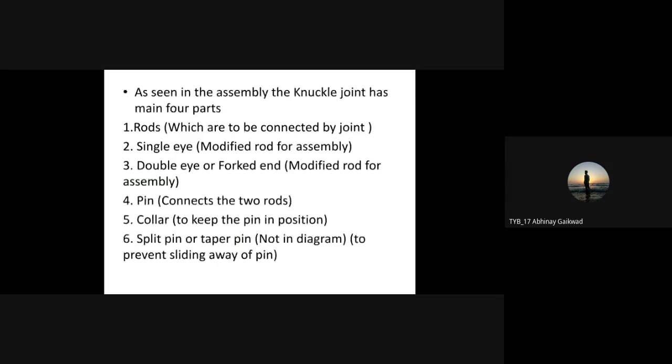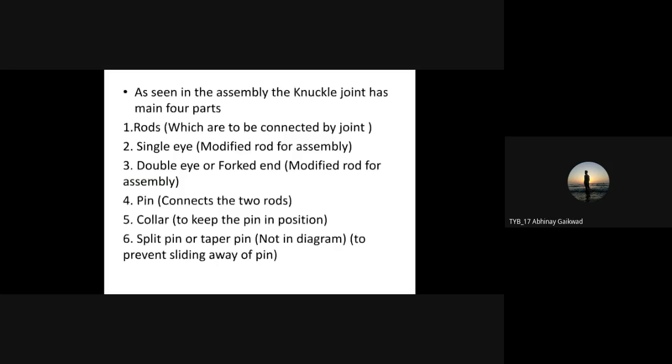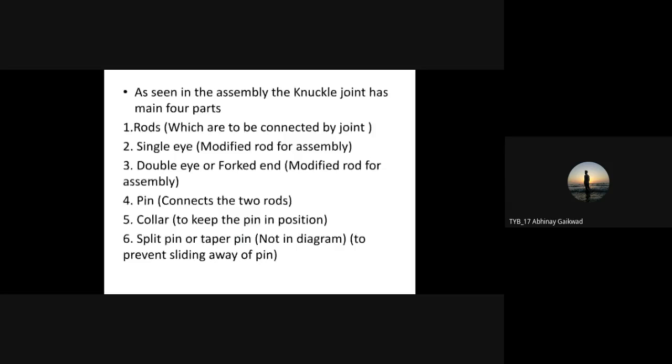And the double eye section, which is also the fork, where two eyes are provided and two eyes are made as a fork at one end of that rod. So it is an integrated part of that rod only, that fork as well as the single eye, and later on it has been modified for the joint as we have seen in the previous slide.